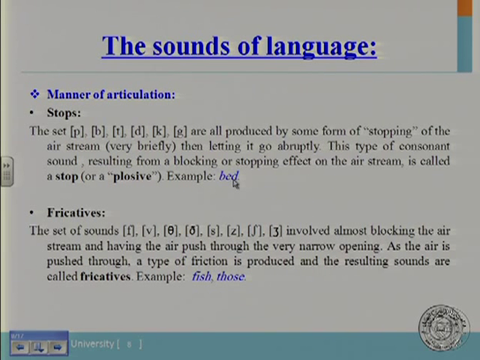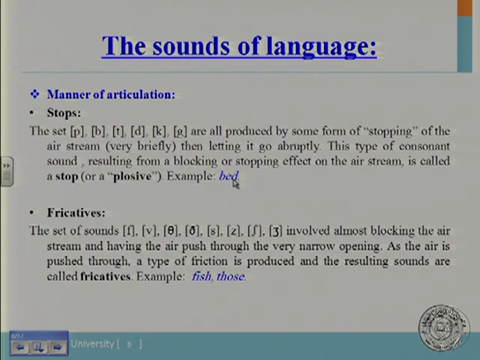The second group is T, D. The third group is K, G.